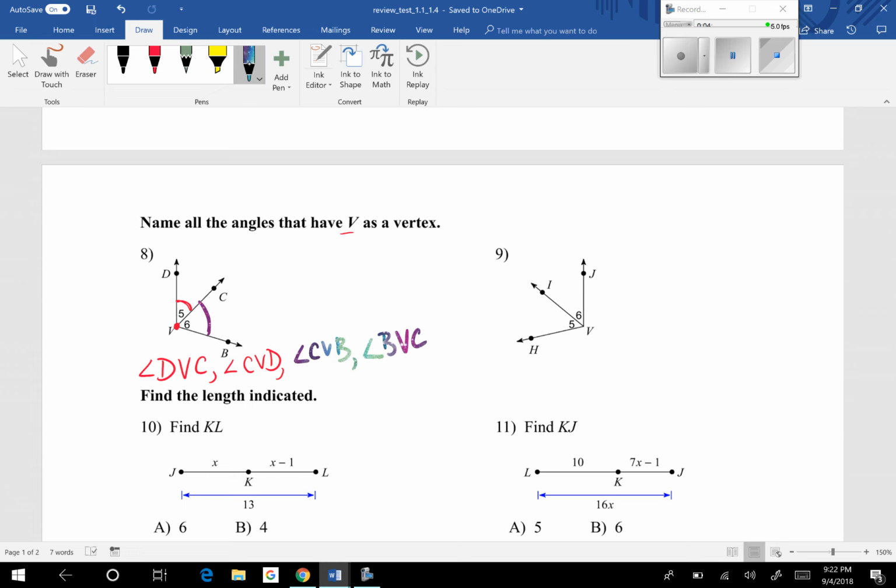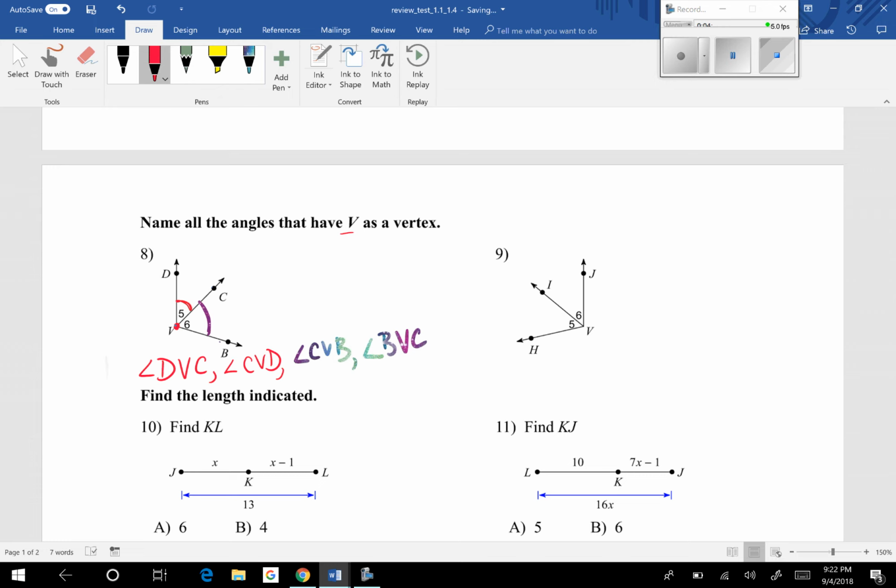Remember, why can we name it that? Well, you have the vertex in the middle, and then you have your other 2 points on the legs on either side of that letter. So you could call it angle CVB because you start at C, you go through point V, and then you go to point B to make that angle there. And V is your vertex, it's in the middle.